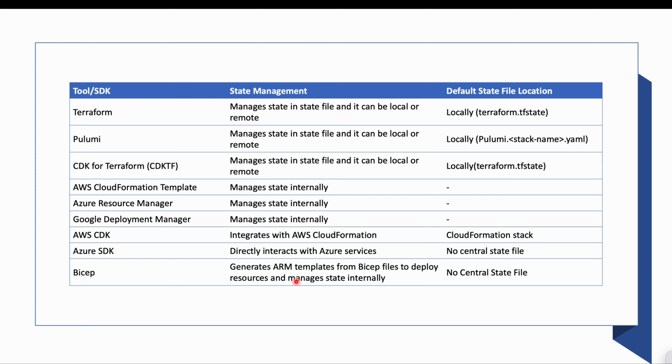But even though you write in a domain specific language, at runtime it will be converted into an ARM template, and it will create the resources. So however ARM templates manage resources, Bicep uses the same way. ARM manages the state internally, and Bicep does too. So there is no central state concept available here.